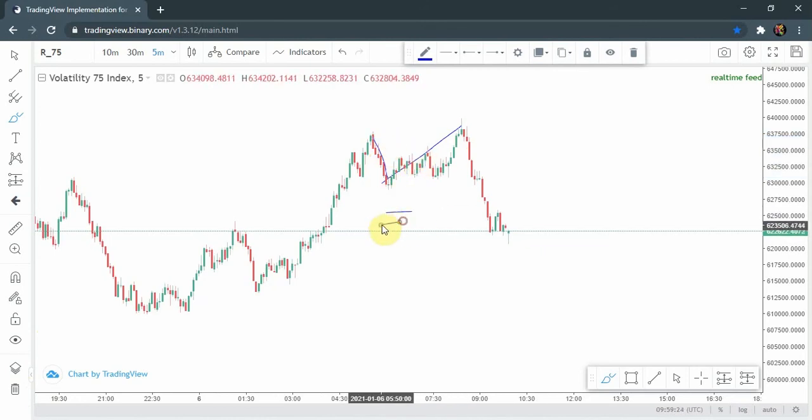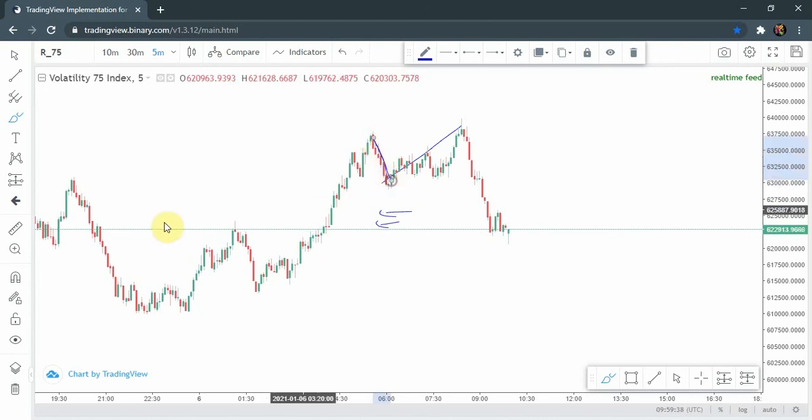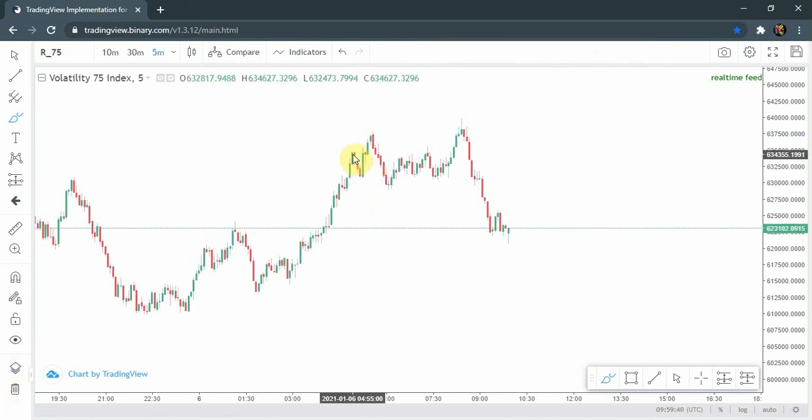Looking at the previous waves here, you can see how smooth and aggressive the price was going up, and all of a sudden price corrects here. It even corrects more than it did before, because here is a small corrective and all of a sudden a bigger corrective.